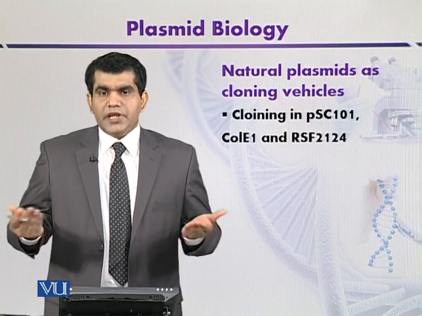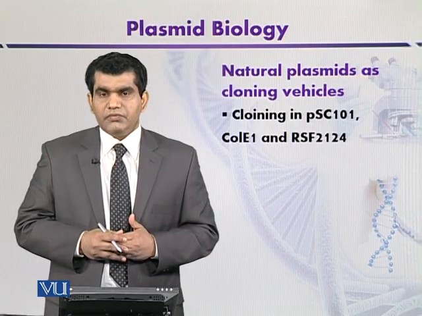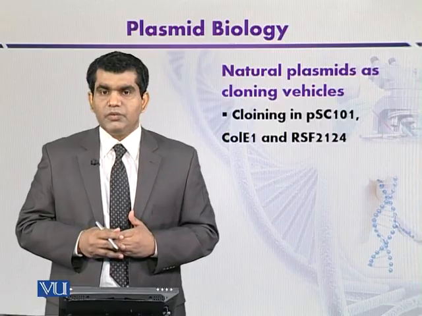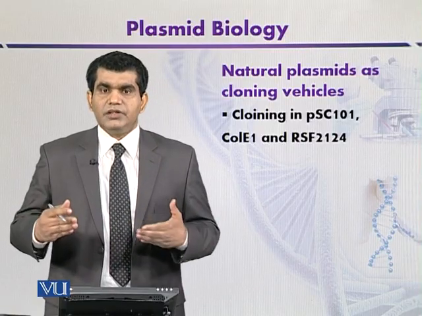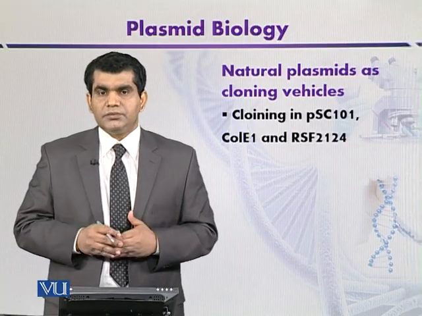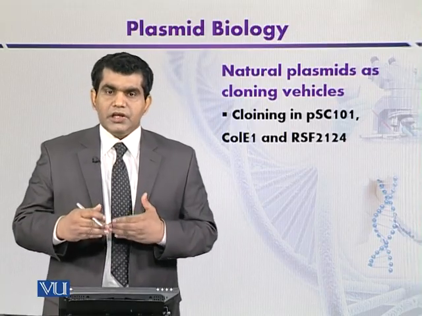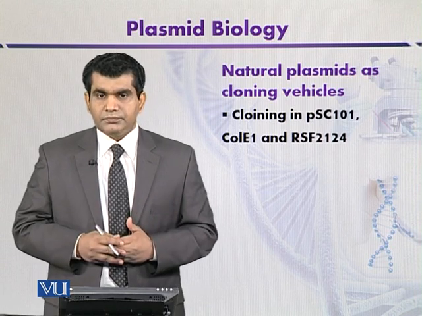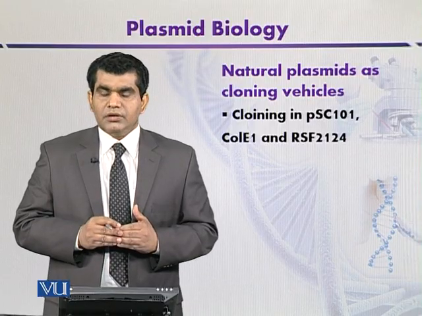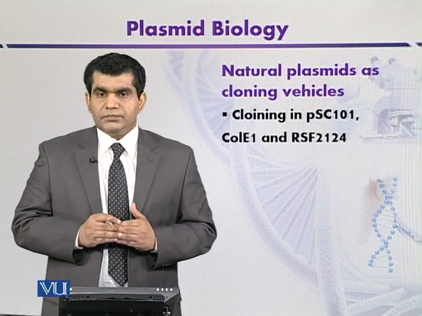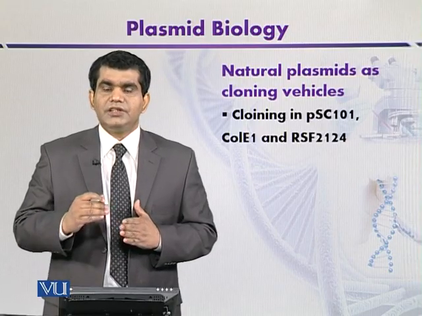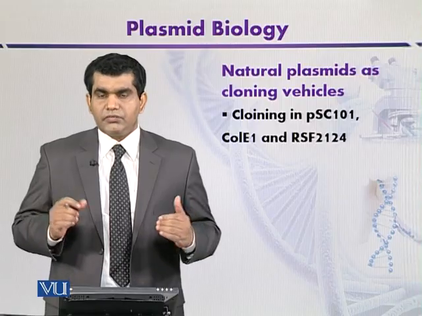Then the next plasmid, ColE1, can be used, and its use is relatively easy because it contains two genes, one that can mediate the production of colicin E1 and another gene that can mediate the immunity against this antibiotic. Suppose we have inserted our gene in the region of colicin E1 that contains a single restriction site for EcoRI.